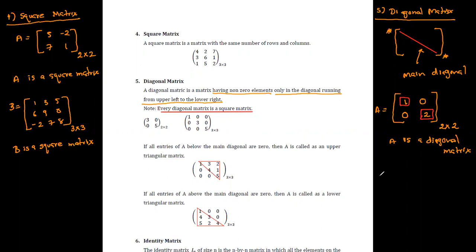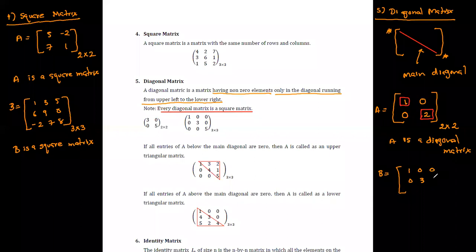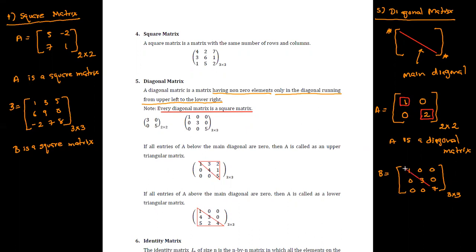Another example for the diagonal matrix: say B is a matrix in this way, 1, 0, 0, 0, 3, 0, 0, 0, and 7. On this matrix, a 3 by 3 matrix is defined, and if you find the main diagonal of this matrix, you can see that it is running from the upper left to the lower right.